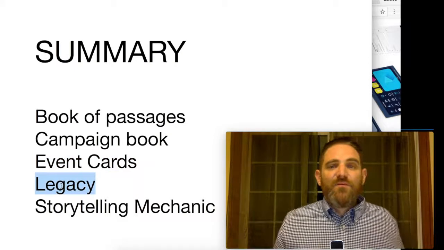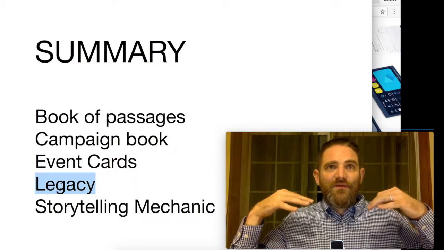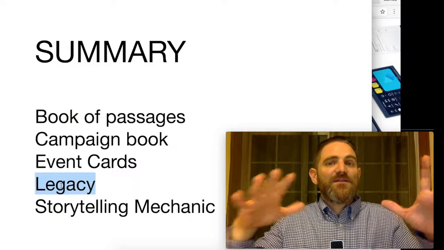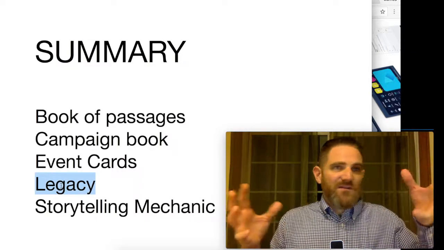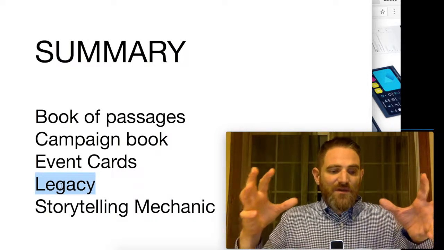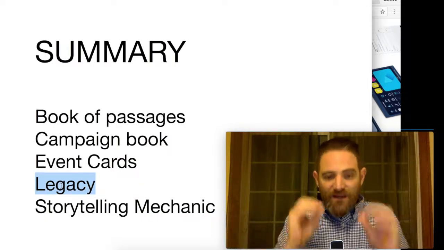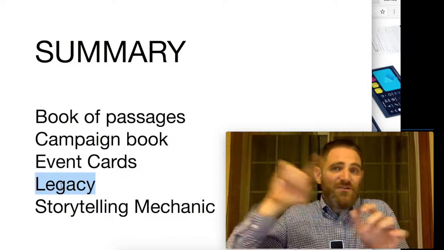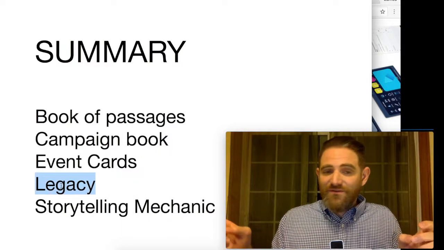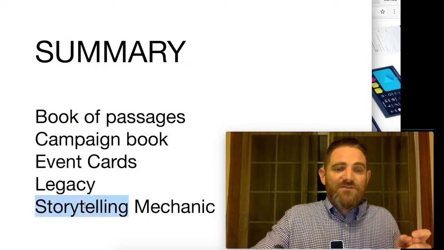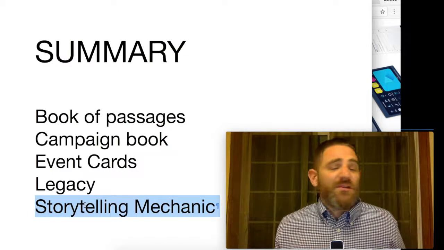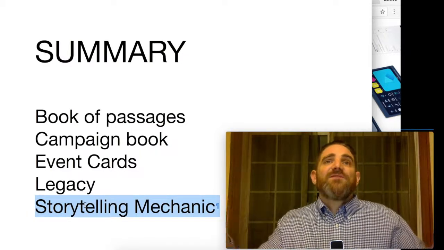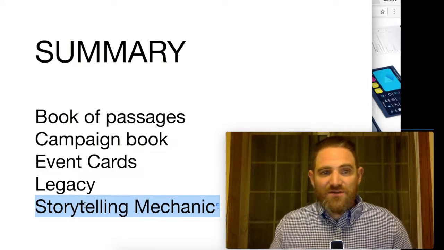There's the legacy format where the components change and the rules change over time, which means there can be big impacts to armies or to characters depending on the scale of your game, and they'll have some kind of dramatic arc or fate that happens over the course of the game. And then there's also just the storytelling mechanic where players tell a story, and here's some stuff to push you into doing that in a particular structure.